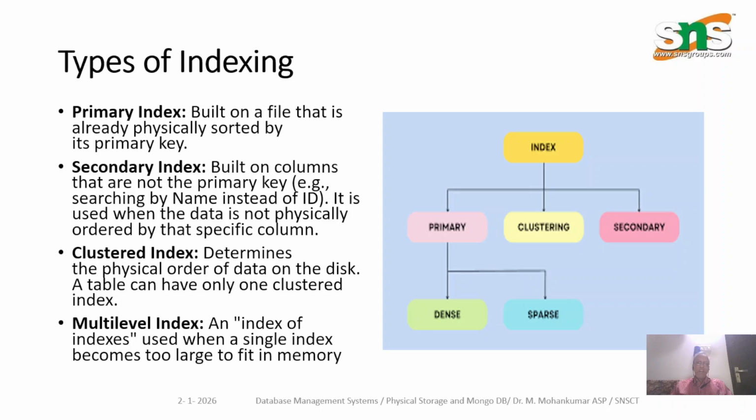Then the clustered index determines the physical order of data on the disk. A table can have only one clustered index. Then the multi-level index is an index of an index, used when a single index becomes too large to fit in memory.